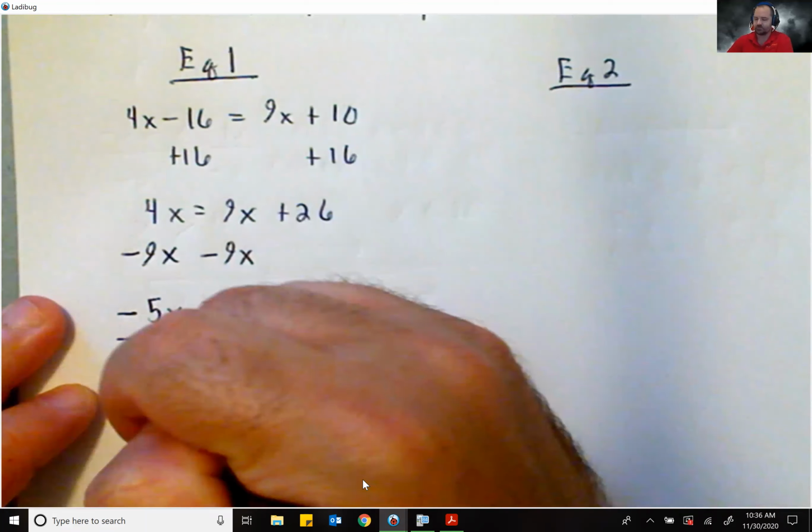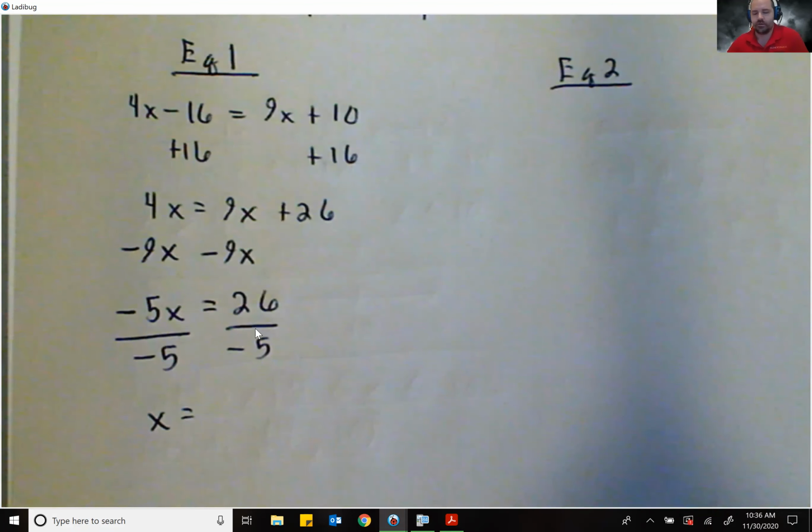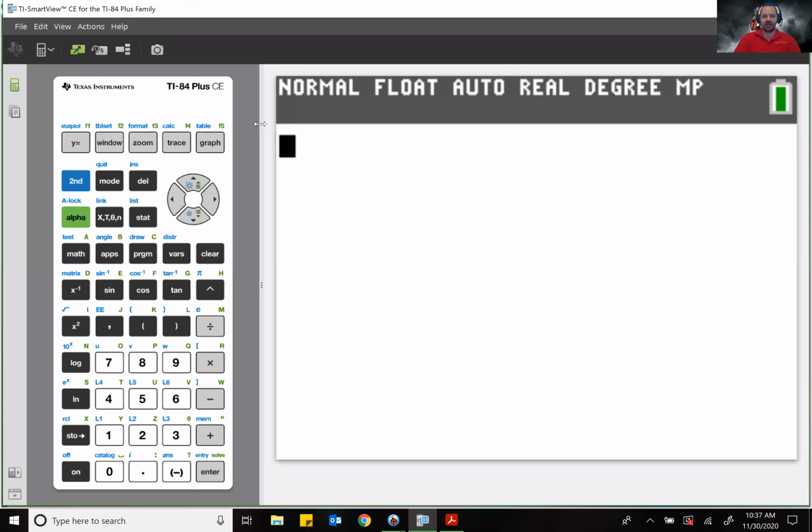So x is equal to, and this is where you'll want to go to your calculator, because in both my math lab and iMath AS, it will want fractions, no decimals. On the TI-84, you can input fractions by hitting alpha y equals.